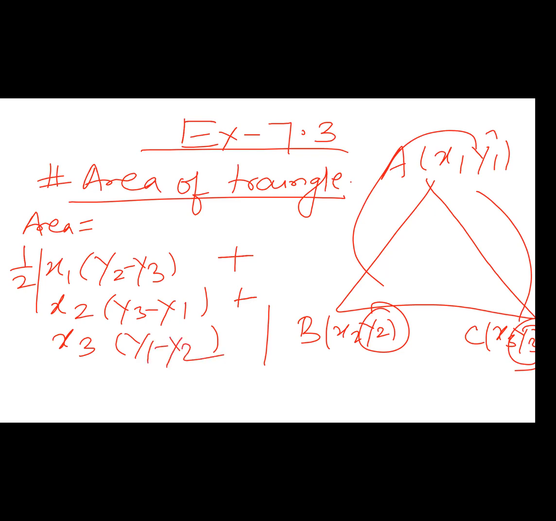Area is half times x1 (y2 minus y3) plus x2 (y3 minus y1) plus x3 (y1 minus y2). How to learn this one?